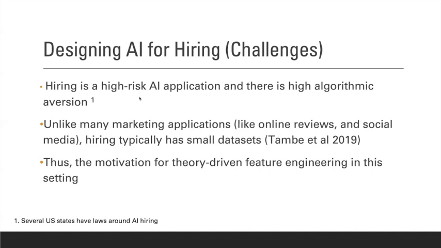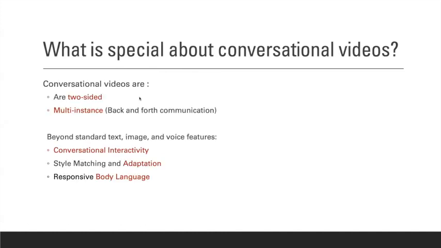Second, unlike many marketing applications, so imagine customer reviews or social media, hiring typically has small data sets, and this has been documented in several OB literature. Thus, motivation for theory-driven feature engineering is very natural in this setting because there is a very high need for model explainability, and also there are usually limited and small size data sets.